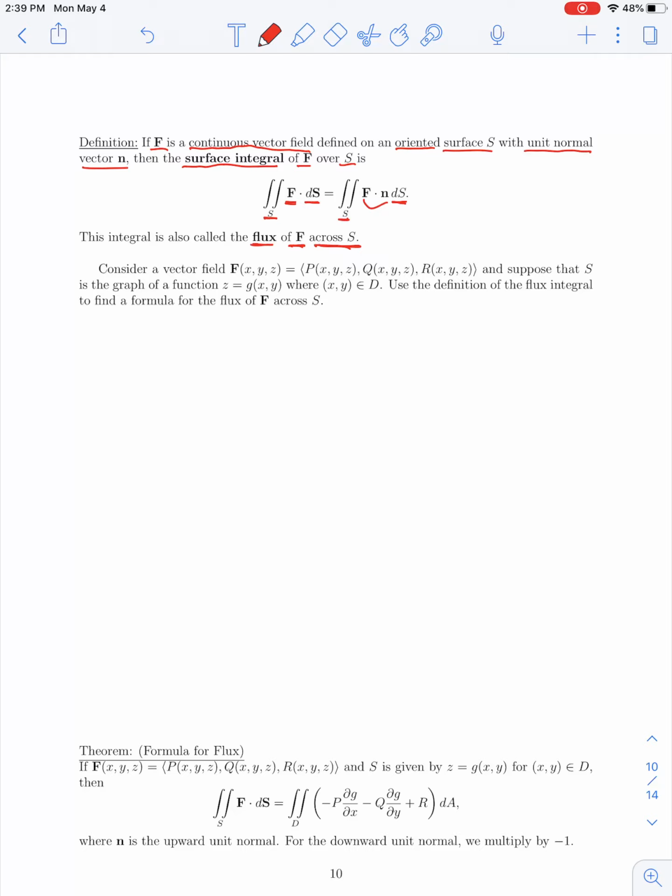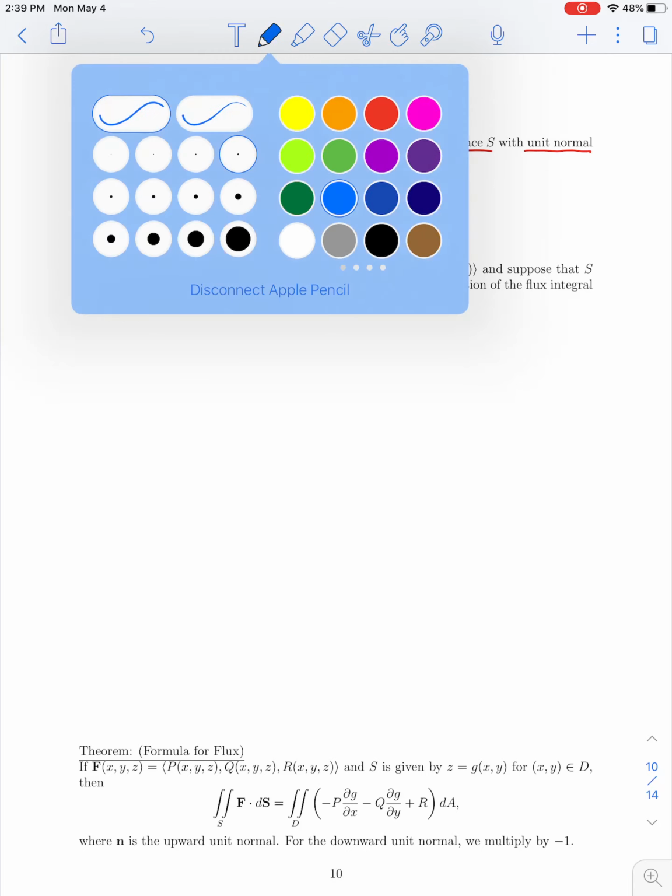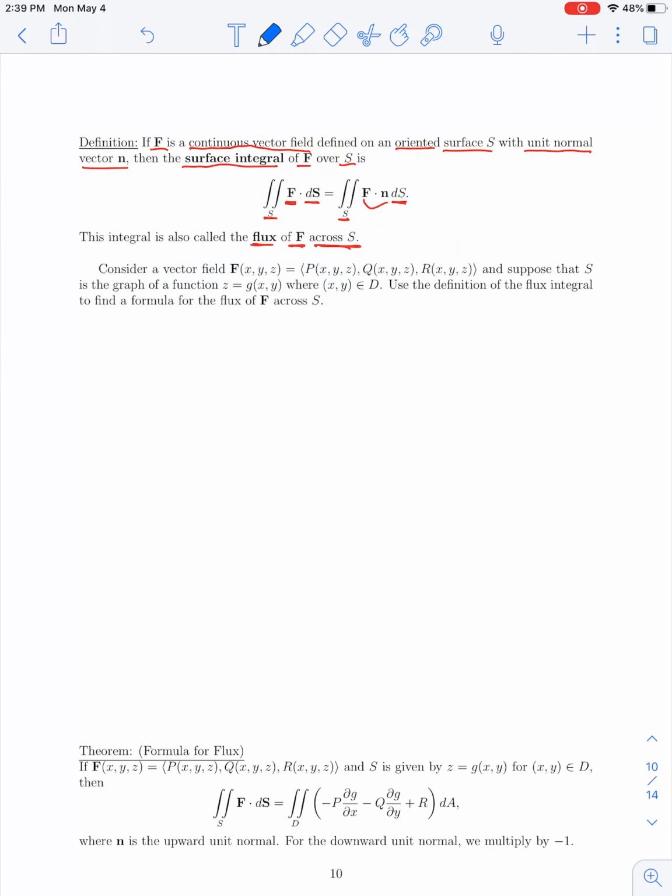So before we derive some formulas for how to calculate flux more easily, let's think about what this flux integral is representing. So here, let's suppose that we have a surface S. Let's say maybe it's not closed, but we have some upper part of a hemisphere or something in space.